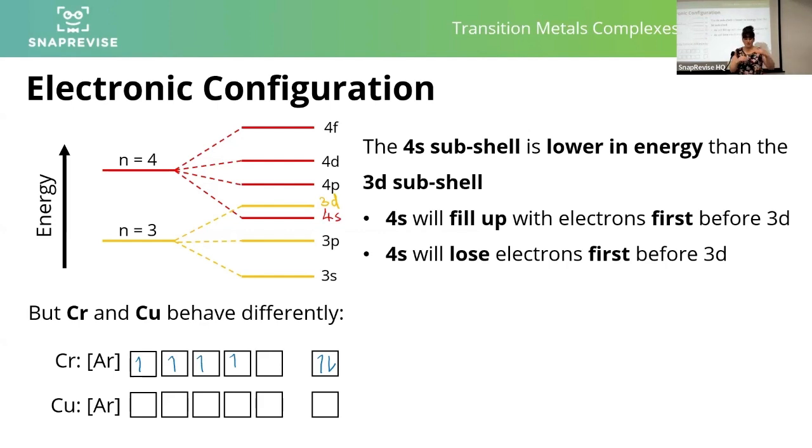But what happens, because 4s is higher in energy, so these are our 4s electrons, this is 3d, is that by allowing an electron to drop down into a 3d orbital, the chromium atom gives off some energy and falls down into a lower energy orbital.